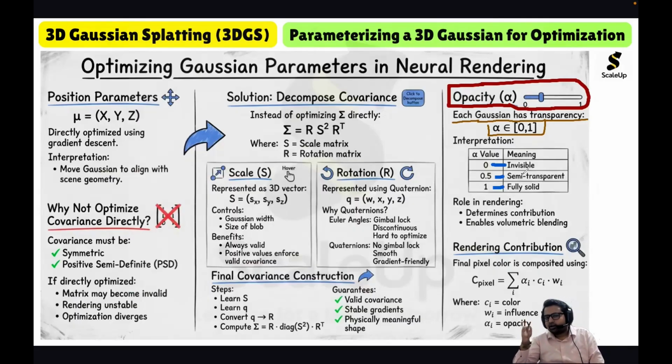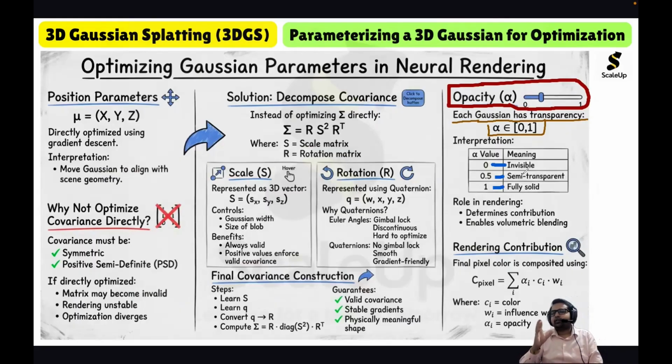As alpha goes towards 1, the 3D Gaussian becomes more and more solid, more and more opaque. 0 means fully transparent, which means invisible, and as we increase its value it becomes semi-transparent, and then fully opaque at 1.